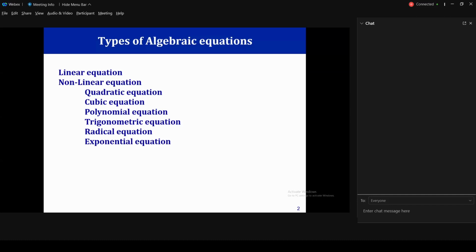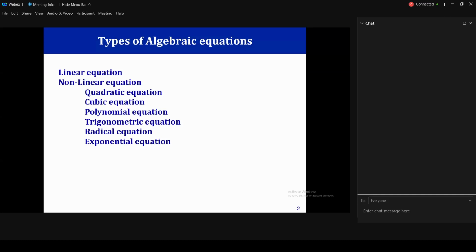If we classify, then non-linear equations are like trigonometric equations or exponential equations. So how do we solve these types of equations in Matlab? That's what we are going to see today.